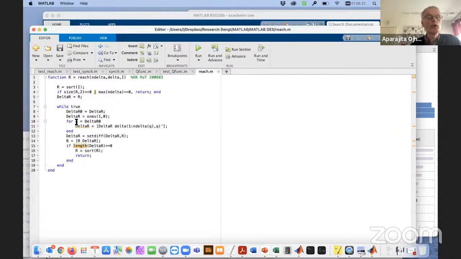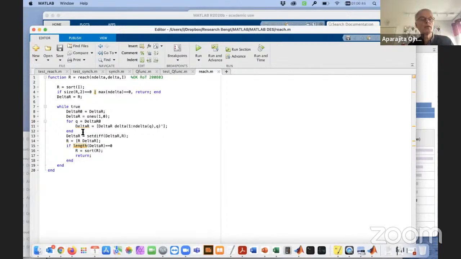Okay, so for all the states in the old delta, I iterate on this delta R, and then the small delta, the original delta function, is iterated, and that adds new states.